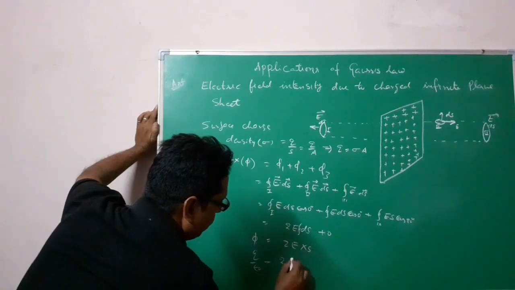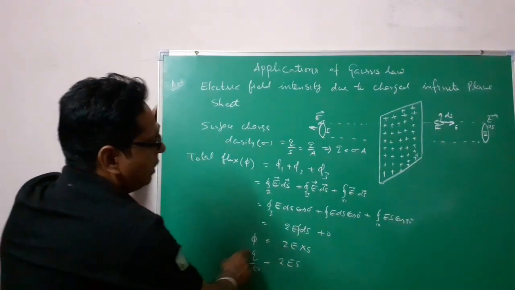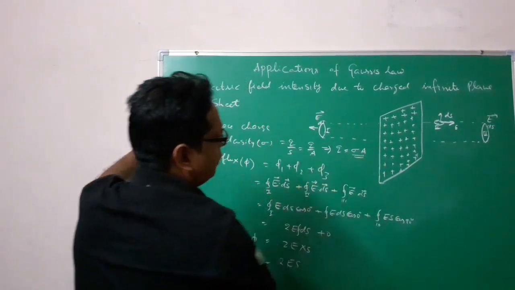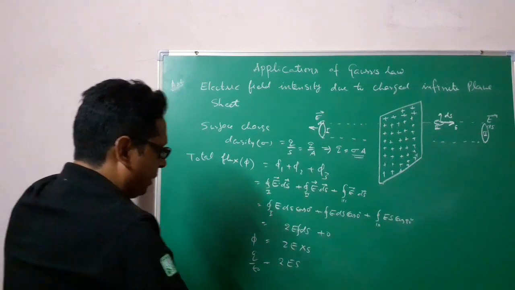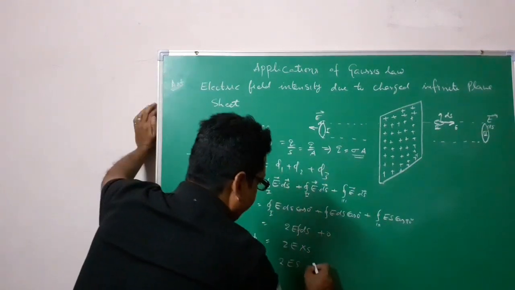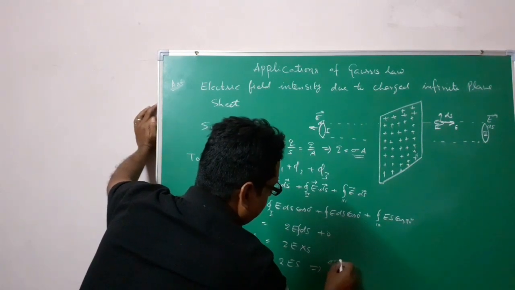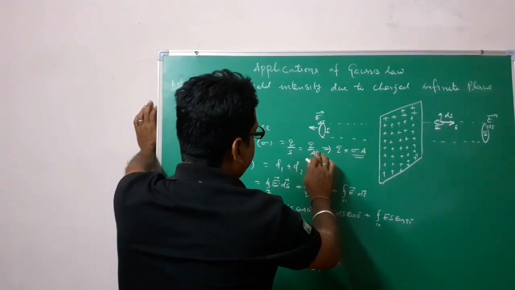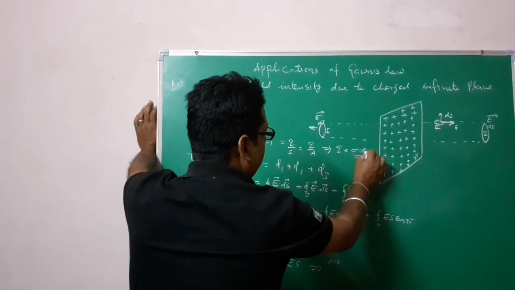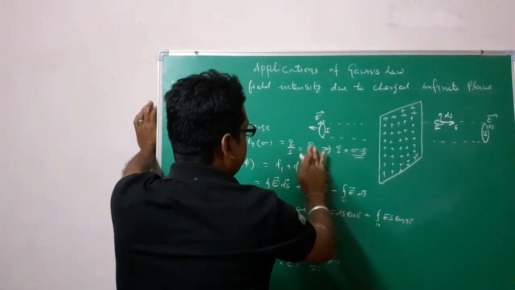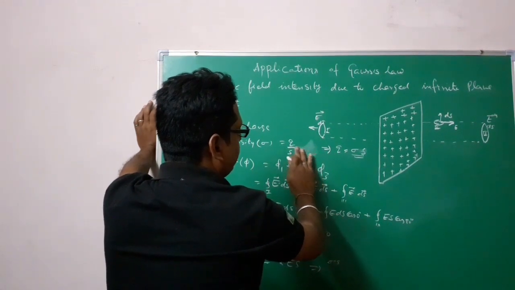So this is 2ES. Q is nothing but equal to sigma into S, or sigma into A, anything you can take. Let us take it as S, it will be better to understand. So you can erase this.